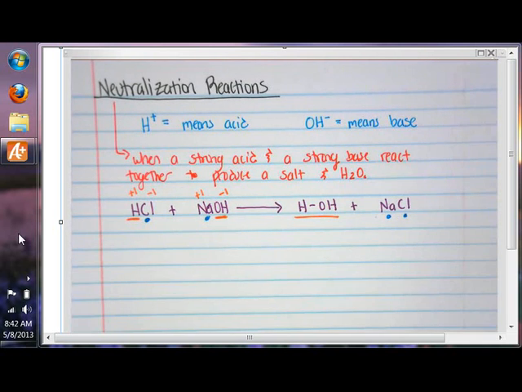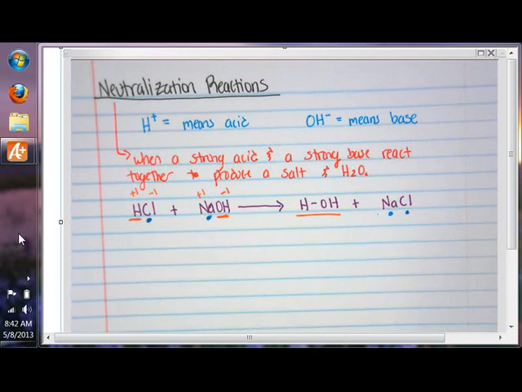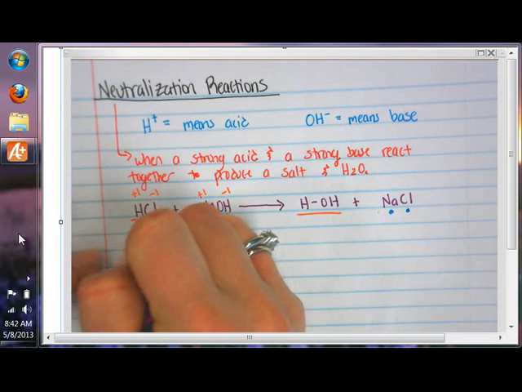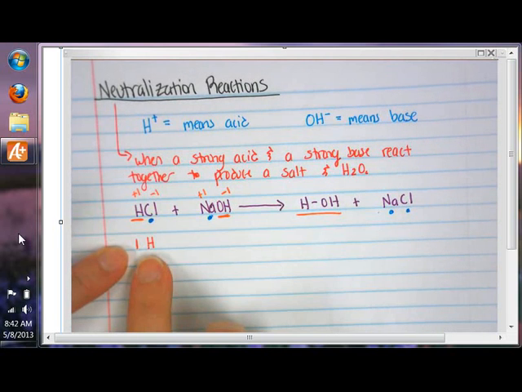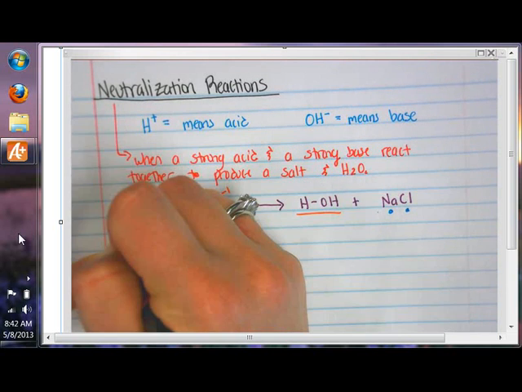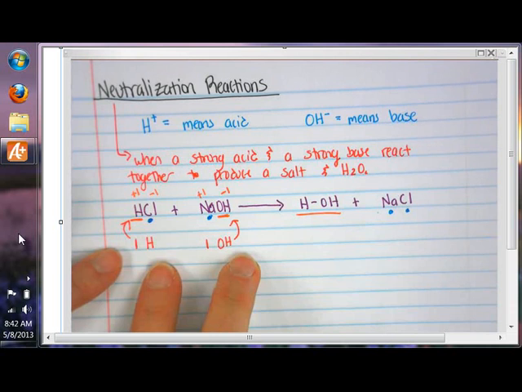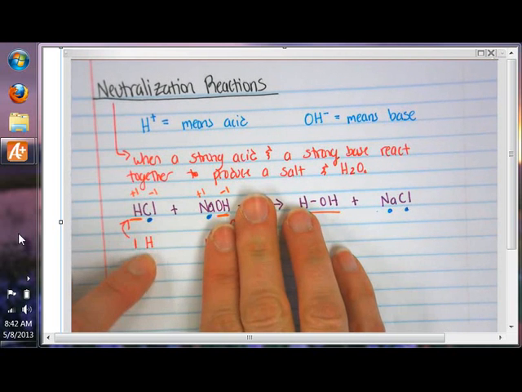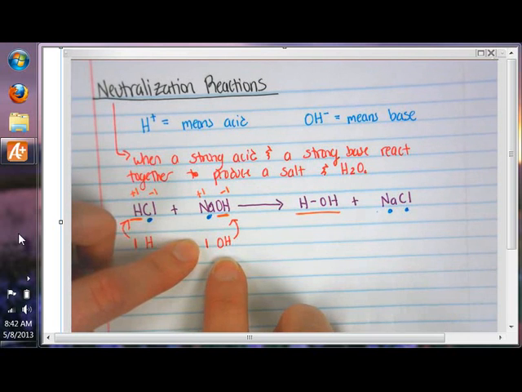Noticing some more, you have one hydrogen here, and there is one hydroxide here. Okay, and they kind of cancel each other out. There's one sort of acid part, and there's one base part, and they completely cancel each other out.